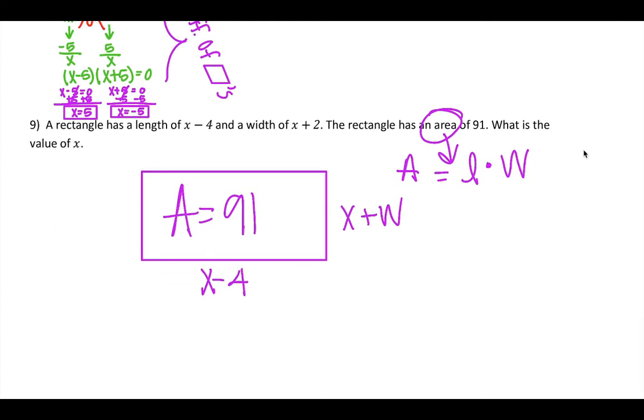So again, if we were to do 91 equals the length, I did x plus w, but it's supposed to be x plus 2. The length, which we said was x minus 4, times my width, which was x plus 2.